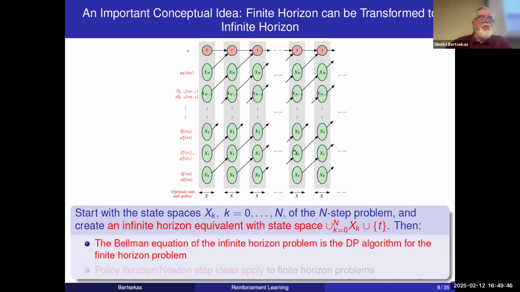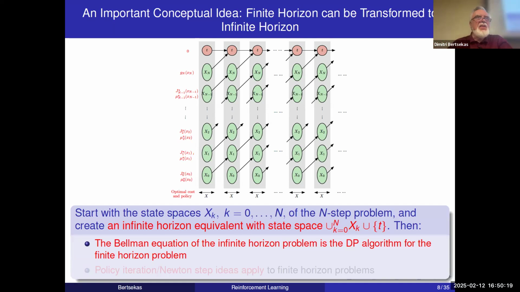So when we say that approximation in value space is a step of Newton's method for the infinite horizon problem, if we transform a finite horizon problem to an infinite horizon problem, then we get a corresponding Newton step statement about approximation in value space in finite horizon problems. Conceptually they're the same. So it is very helpful to transform in your mind methodologies, results and concepts from one context to the other.